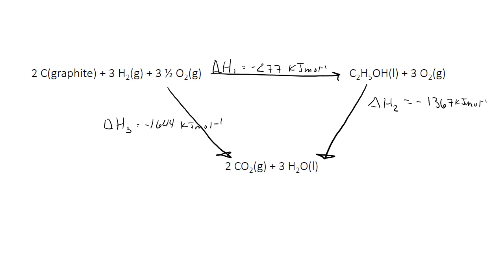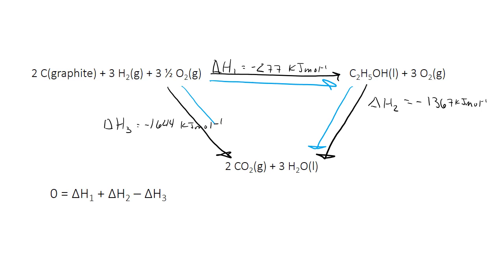Now, follow the arrows when you're going through and doing this. When you're following the arrows, you know that the enthalpy cycle has to be 0 because it's a circle, right? So your delta H1 is going in one direction. Follow the arrows, you're going to add delta H2 because they're going in the same direction.